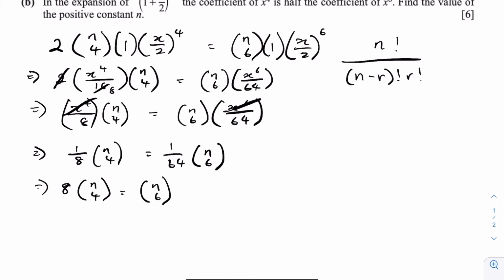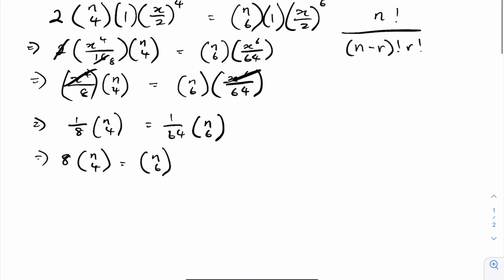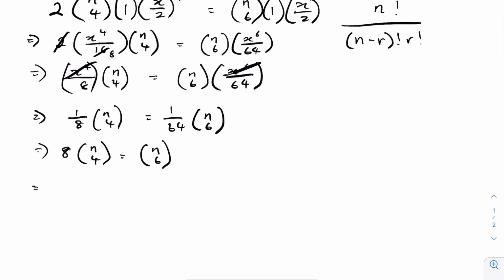Now you might be thinking, we're stuck at another roadblock. How do you evaluate n choose 4 and n choose 6? Well, that's where the formula comes in. Now we can replace this with this formula to give 8 times n factorial over n minus 4 factorial, because we're replacing r with 4, times 4 factorial.